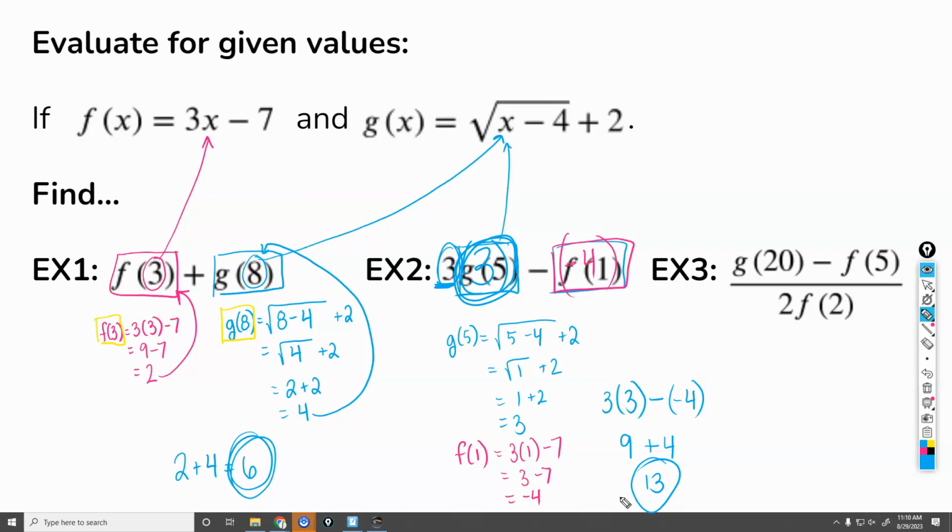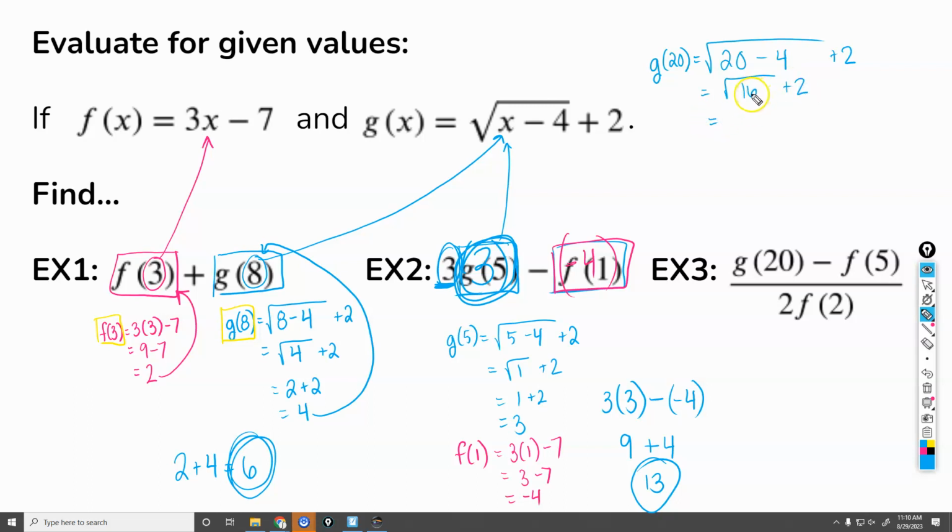Okay. All right, let's look at the next one. G of 20 minus f of 5 over 2 times f of 2. I got a bunch of stuff to do here. I'm going to do my g of 20 up here. If I plug in 20, I've got 20 minus 4 plus 2, which is the square root of 16 plus 2.